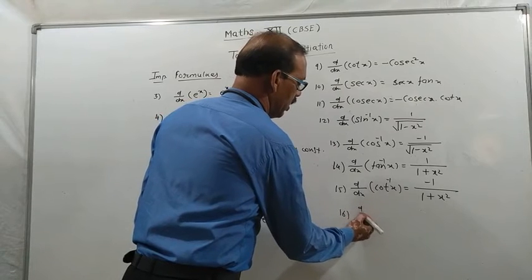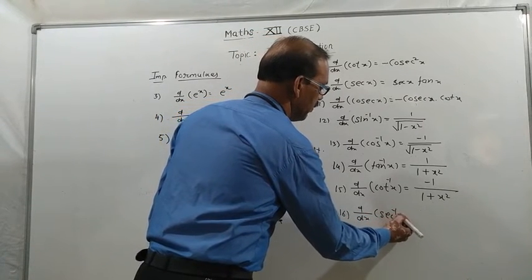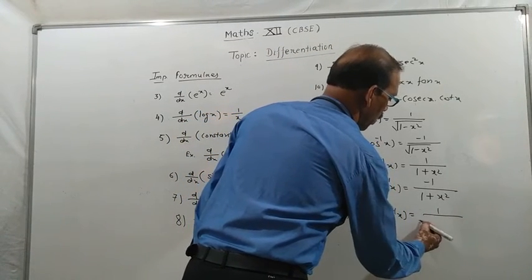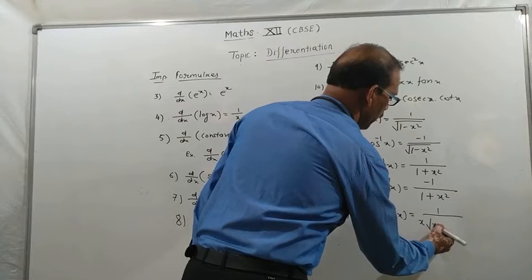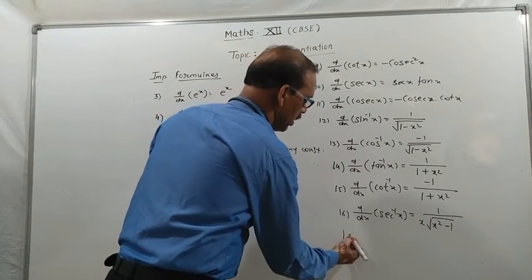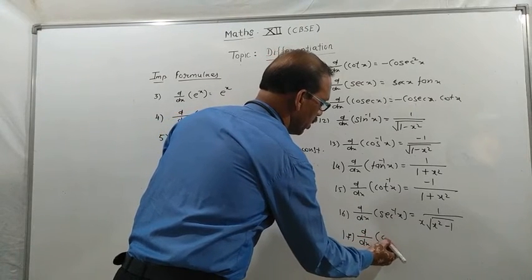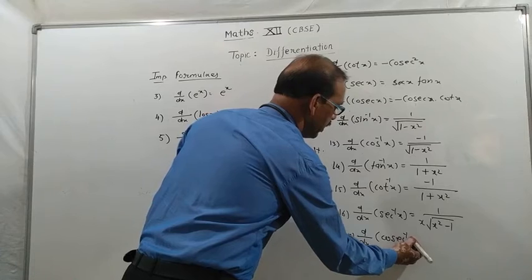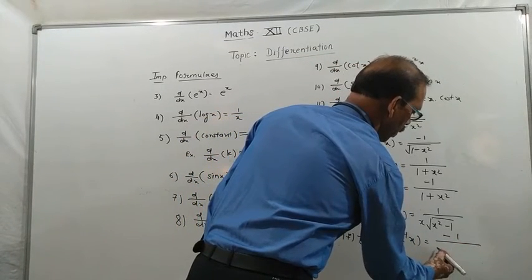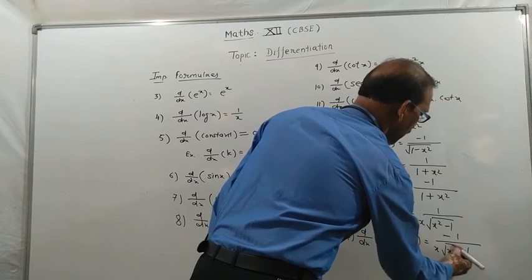Next one, d/dx of sec inverse of x can be expressed as 1 upon x root of x square minus 1, and the last is d/dx of cosec inverse of x, which can be expressed as minus 1 upon x root of x square minus 1.